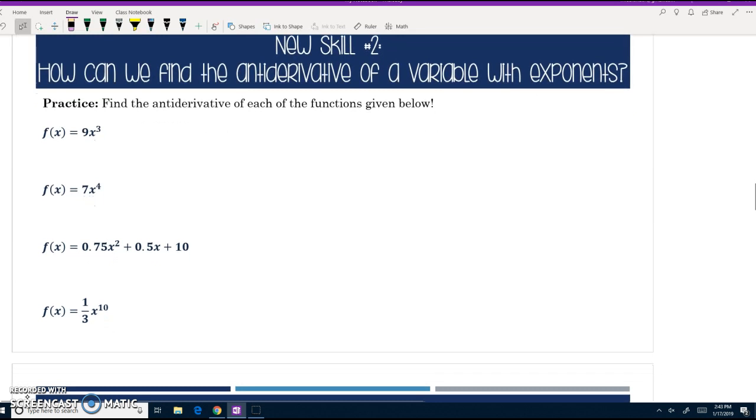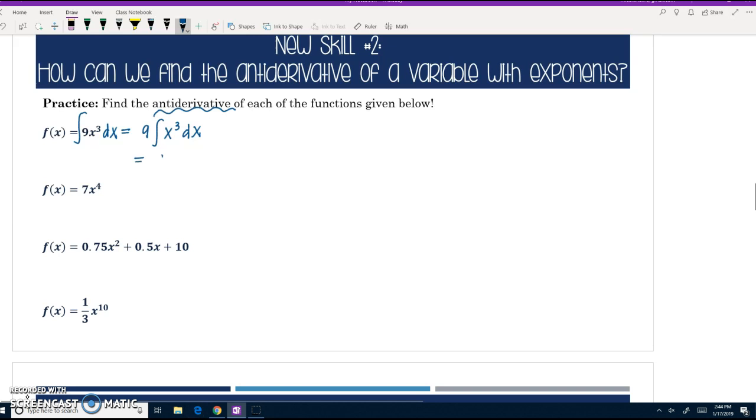All of these values have constants along with them, and that's just fine. So our goal here is going to be to reverse the derivative process. And all I have to do with constants is to bring them along. So if I want to go ahead and integrate this function with respect to x, I can simply rewrite it as 9 times the integral of x cubed dx. So I simply pull the constant out in front before integrating.